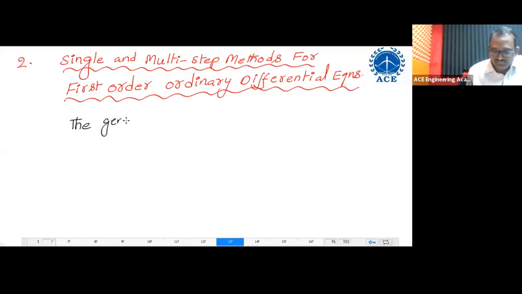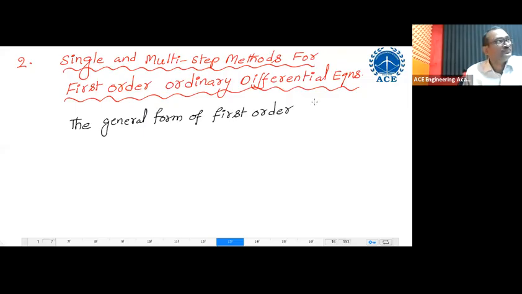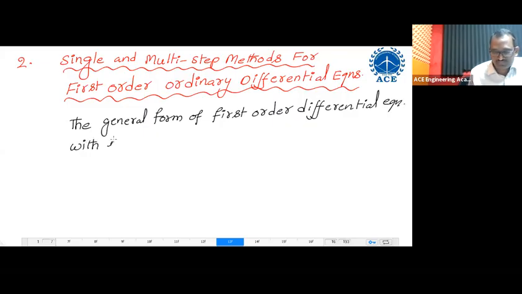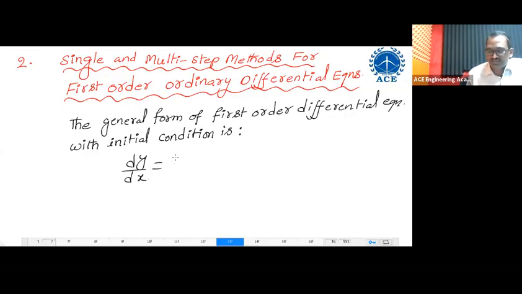The general form of a first order differential equation with initial condition is, remember, dy/dx is equal to f(x, y).